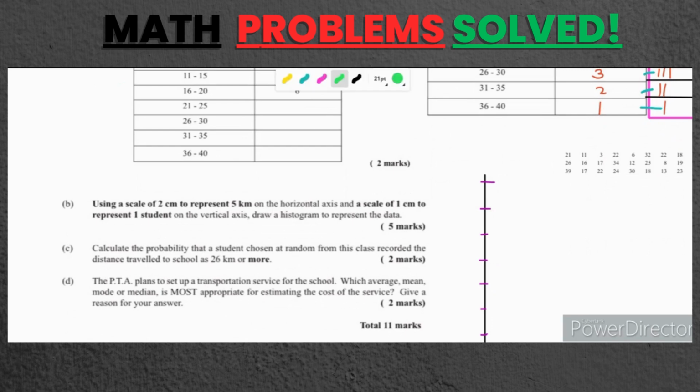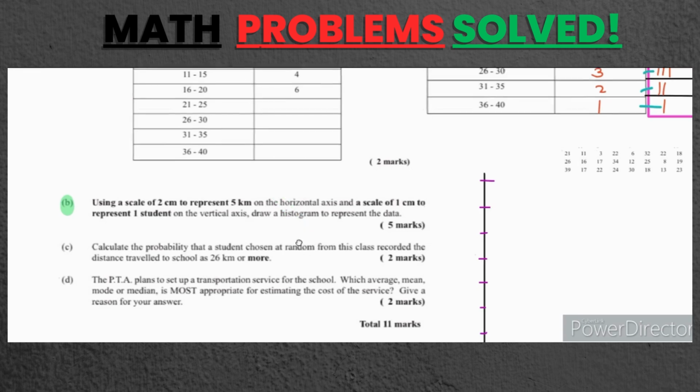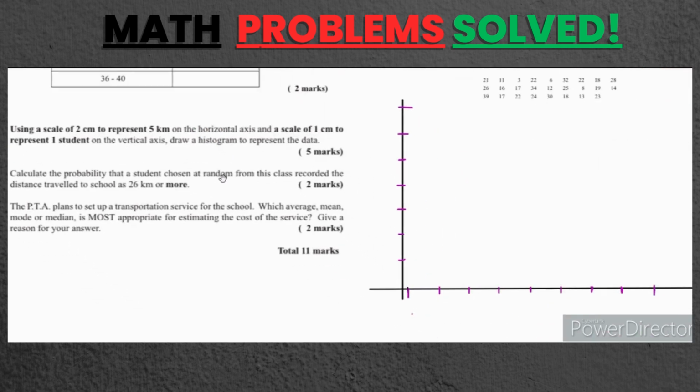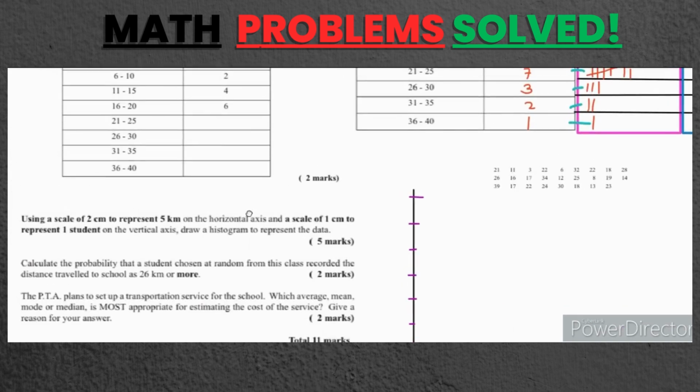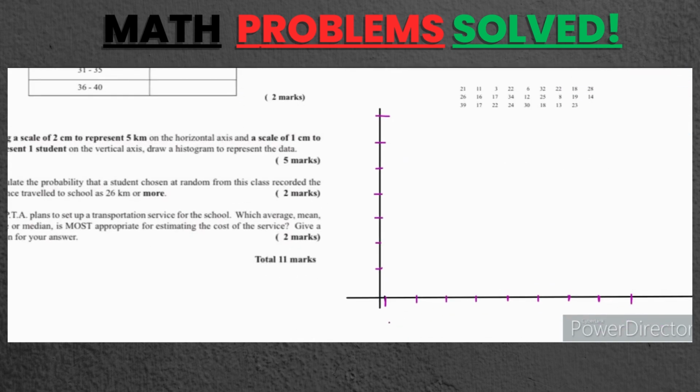Then what does the first part say here? Using a scale of 2 cm to represent 5 km on the horizontal axis and a scale of 1 cm to represent 1 student on the vertical axis, draw a histogram to represent the data. So we have to represent the data on a histogram, right? On this side we have to write the upper class boundaries, right?